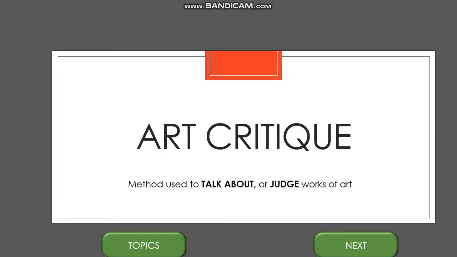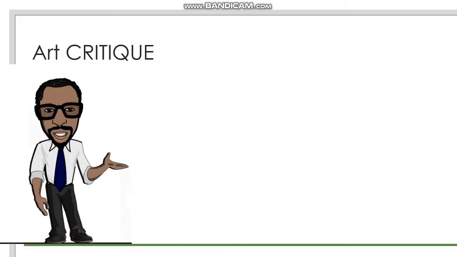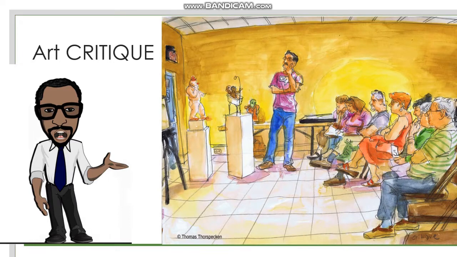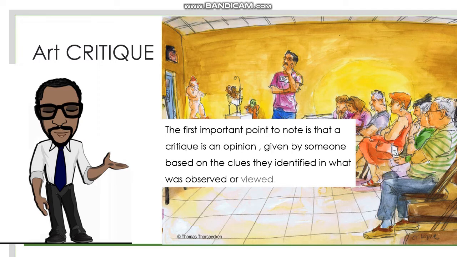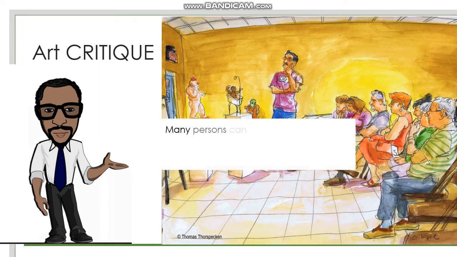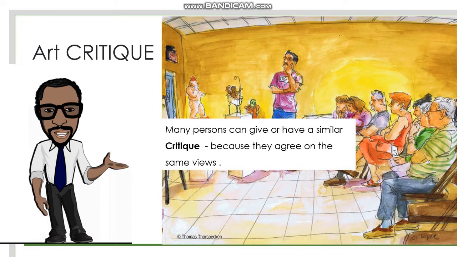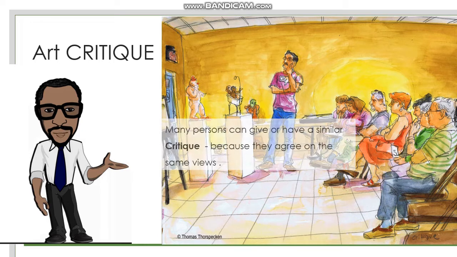Art critique, a method used to talk about or judge works of art. The first important point to note is that a critique is an opinion given by someone based on the clues they identified in what was observed or viewed. Many persons can give or have a similar critique because they agree on the same views.